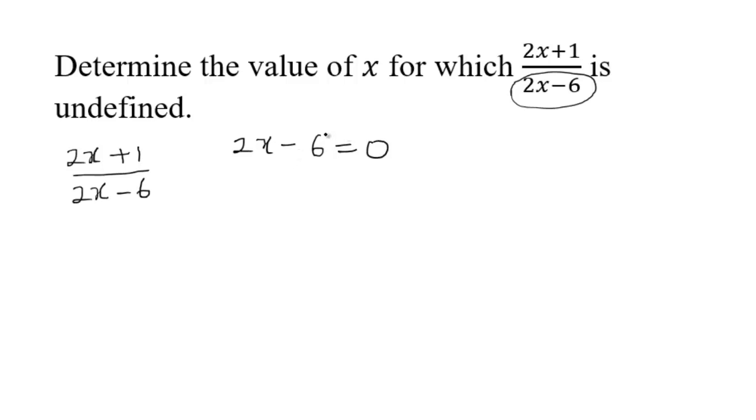Now we want to move this negative 6 to the right side of the equal sign, and that will become 2x is equal to 6. To find the value of x, we need to divide through by the coefficient of x, which is 2.